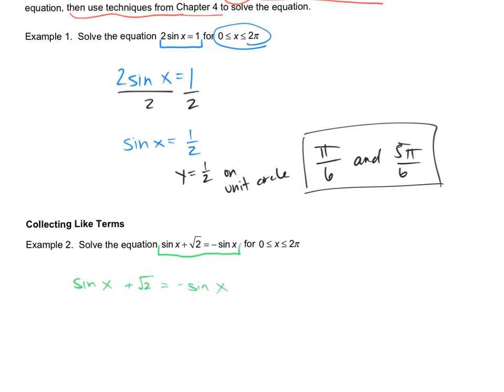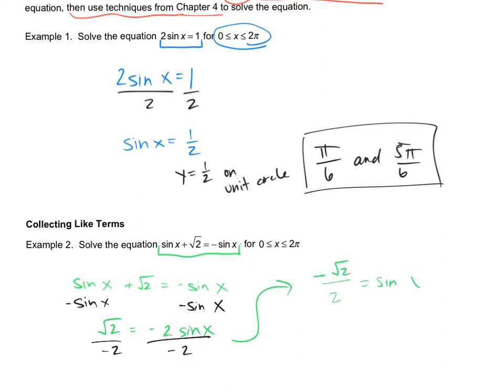In order to combine like terms, I'm going to leave the square root of 2 where it is, so I need to move this sine of x and do the same thing to both sides of my equation. I am left with the square root of 2 equals negative 2 sine x. When I divide both sides by negative 2, I now have negative root 2 over 2 equals the sine of x.